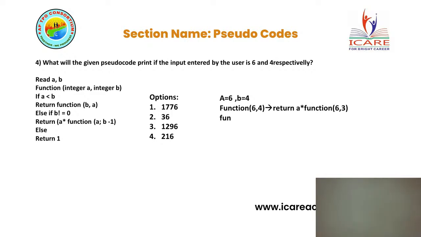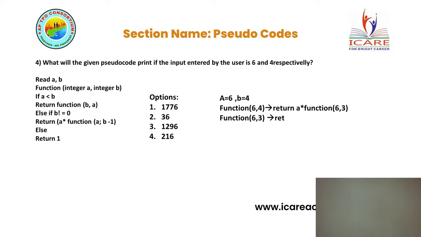So again function of 6 comma 3. Whenever we call the function of 6 comma 3, again we check a less than b: no, it's false. B not equal to 0: yes, 3 not equal to 0, the condition is true.